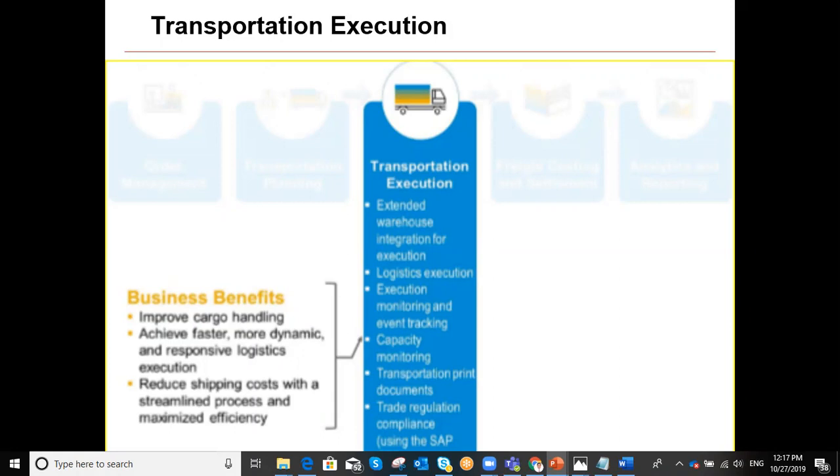And next is logistics execution. In logistics execution, we have specific monitoring and event tracking. Previously, and until now also, we have the provision of event management to track and trace events like change of freight order FO, change of any specific settlement related to billing documents, change of billing documents, change of payments, or change of delivery or shipments.